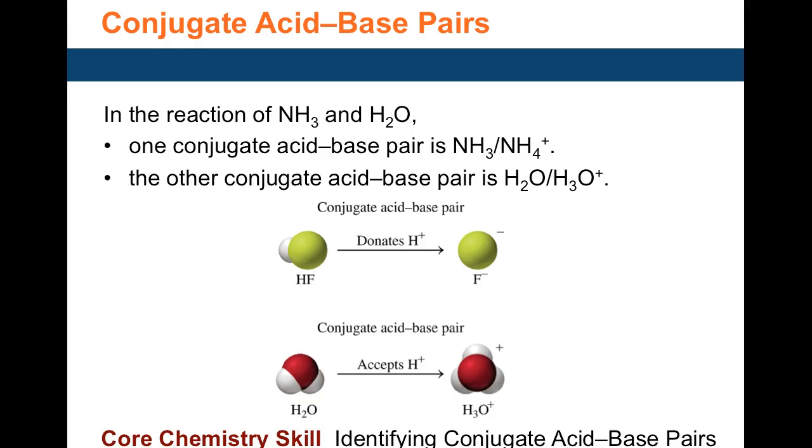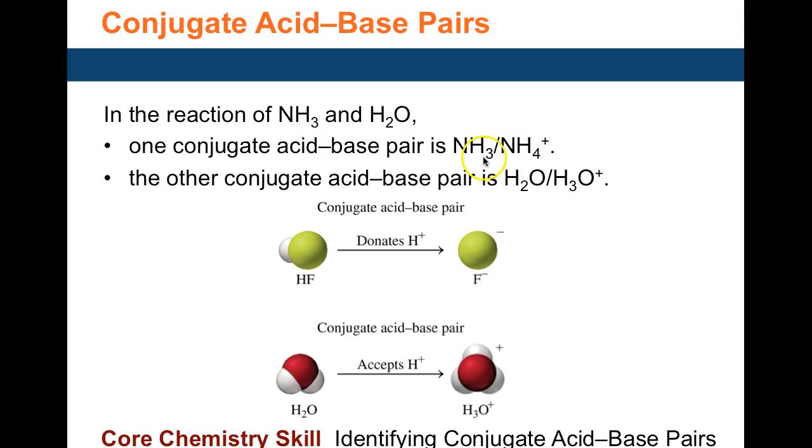All right, so here, if you look at the reaction of ammonia and water, the ammonia grabs an H plus from water and becomes ammonium.